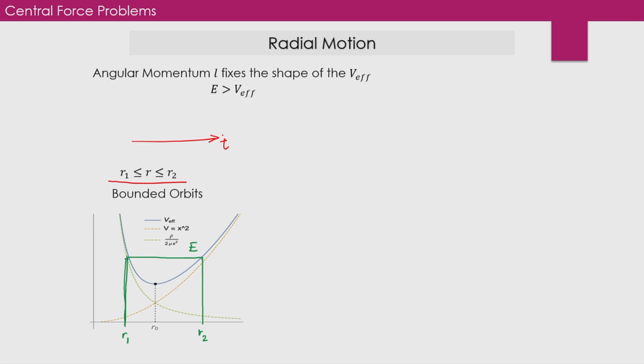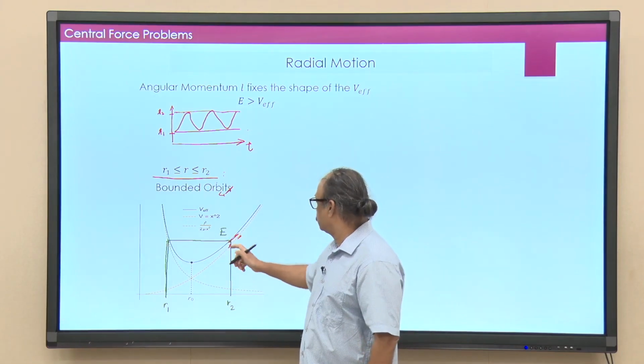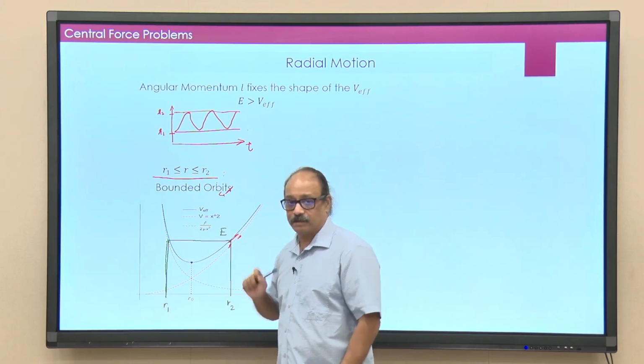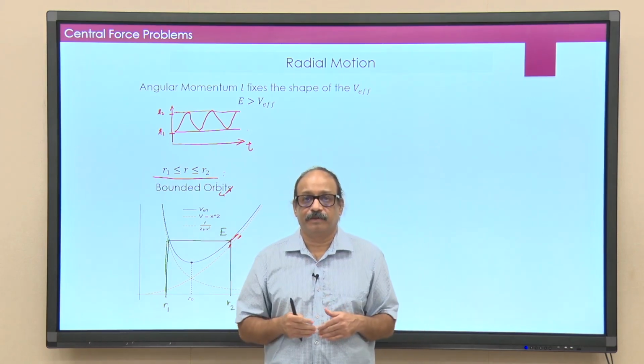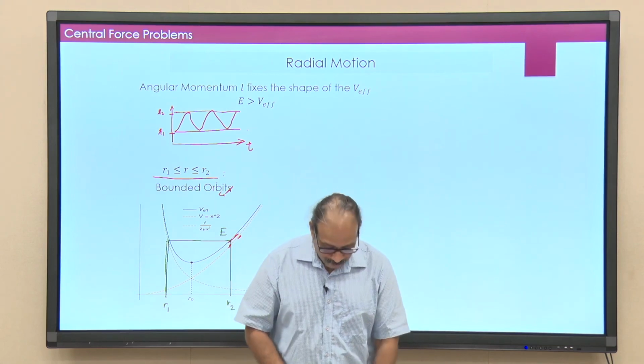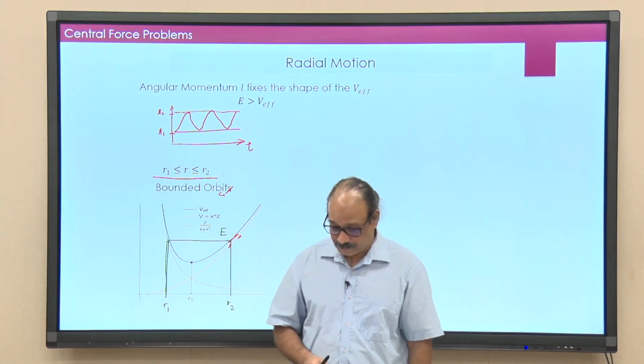If I have the time variable here and I plot the r variable here, I will mark this as r1 and this as r2, and the motion is going to be like this. In between, of course, it will speed up and slow down as it comes towards the turning point and back. So, the motion will be back and forth between r1 and r2, and that is very easy to see for one dimensional systems.